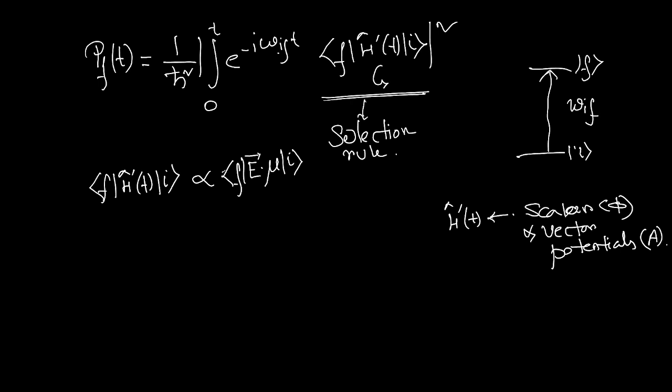Further doing this calculation, for a transition from i to f, the expression of the probability of transition is something like this.